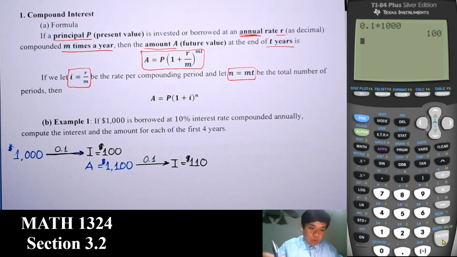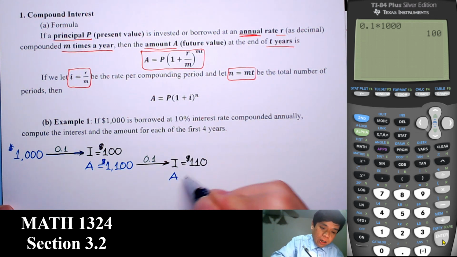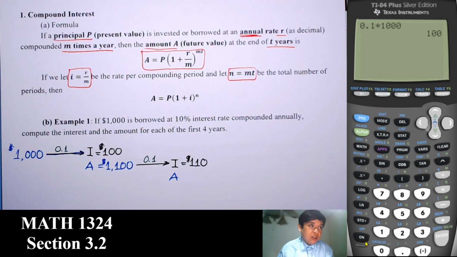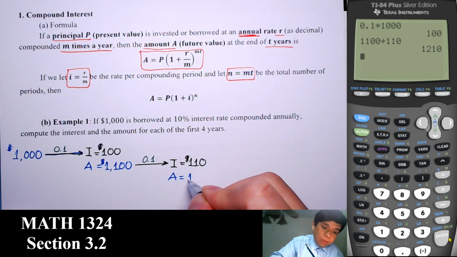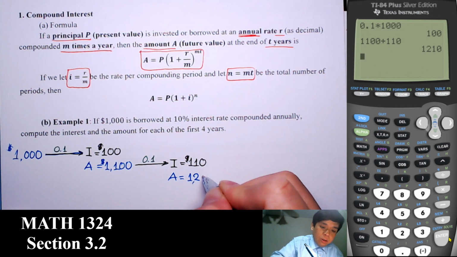The amount then will be 1,100 plus that, $1,210.